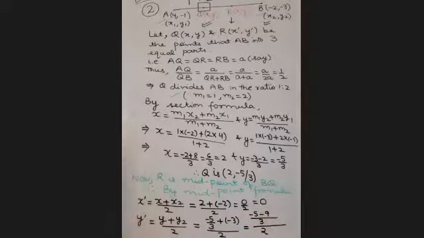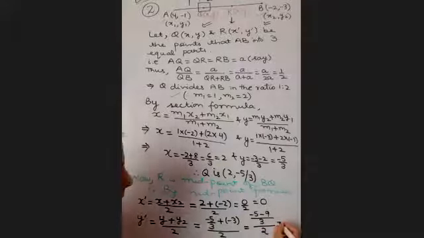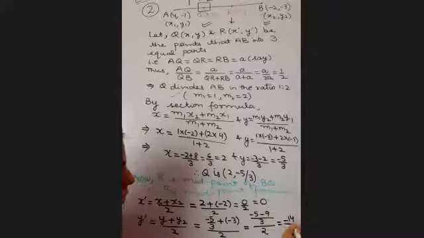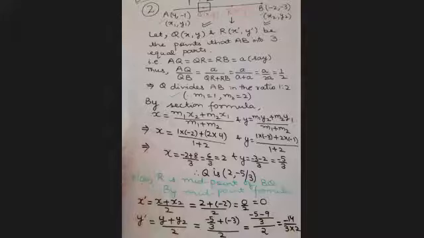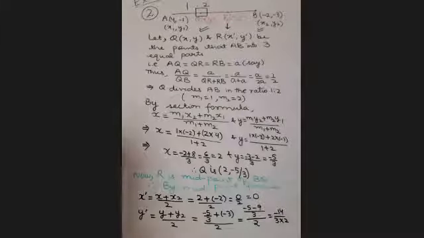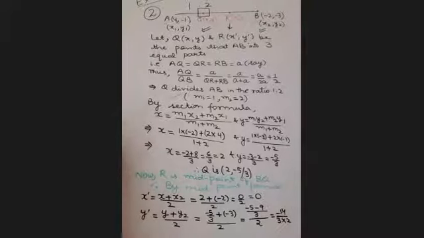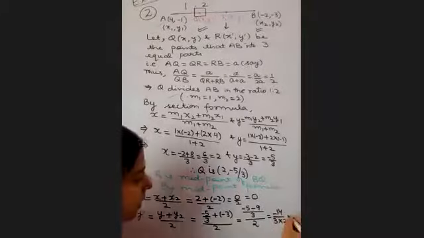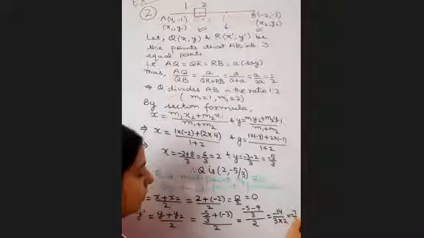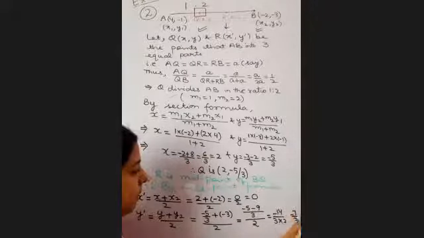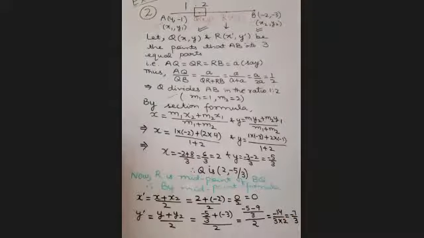Now -5 and -9 becomes -14, so -14 upon 3 into 2. This 2 and 14 can get cancelled, so we shall get -7 upon 3.